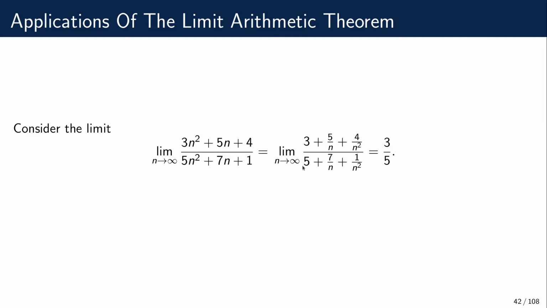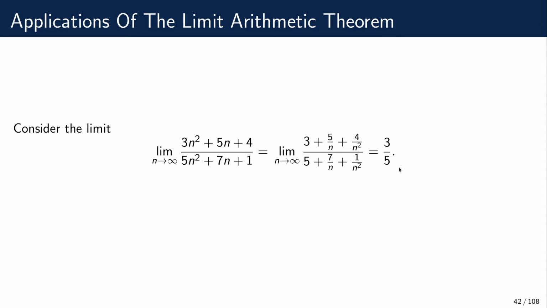And by a similar argument, with 3 applications of the limit arithmetic theorem, the limit of the sequence at the bottom exists and equals 5. And since 5 is non-zero, and this sequence is non-zero for every n, then by what we have proved, the limit of the quotient of those two sequences exists, and it equals the quotient of the limits, and therefore this is justified.